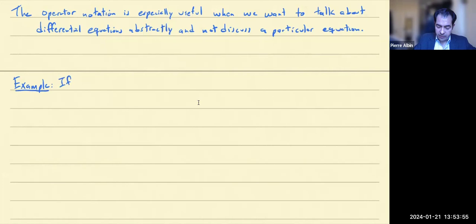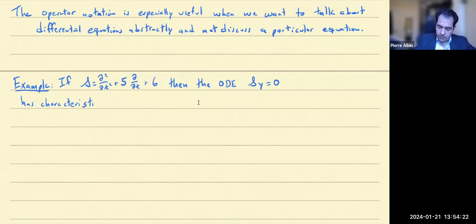So for example, let's say curly S is the operator 2 derivatives plus 5 times 1 derivative plus 6, then the ordinary differential equation S of y equal to 0 has characteristic polynomial r squared plus 5r plus 6, which factors as r plus 2 times r plus 3, right?